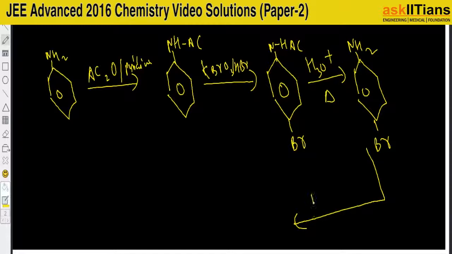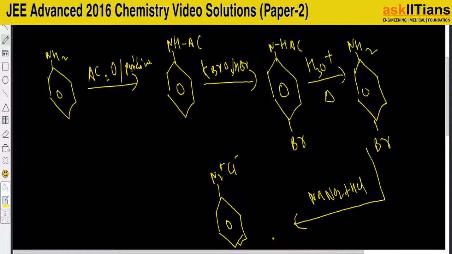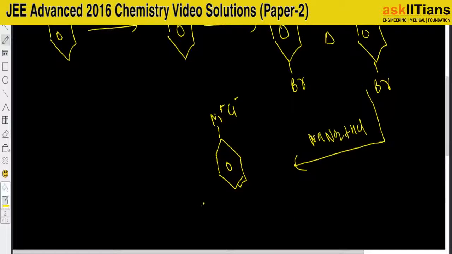And then it's quite simple for you guys. NaNO2 plus HCl, as I told you, will form the N2 plus Cl negative, the diazonium salt, right? And at the para position it has bromine over here. And this reaction happens at 273 to 278 Kelvin.